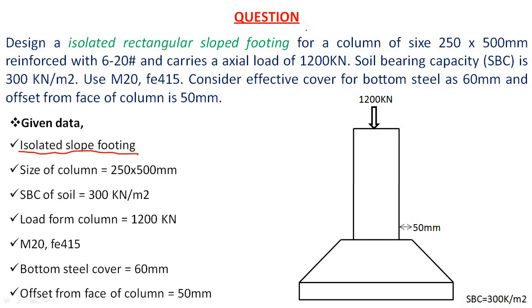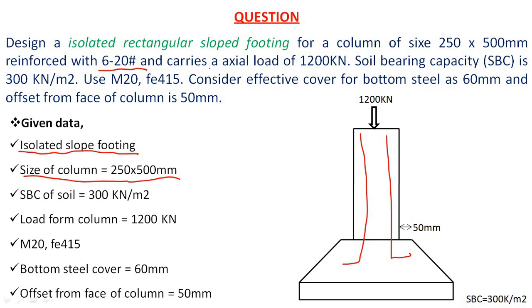Next it is given that for a column of size 250 cross 500 mm, which is reinforced with 6 numbers of 20 mm diameter bars, which will be coming from here. We will see later how this reinforcement is placed.